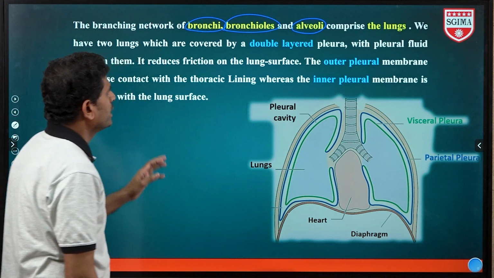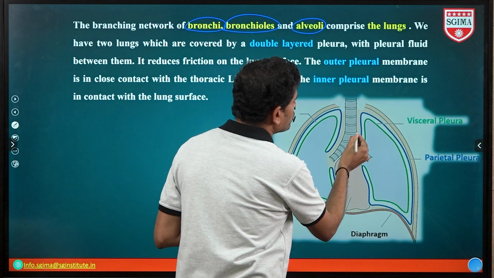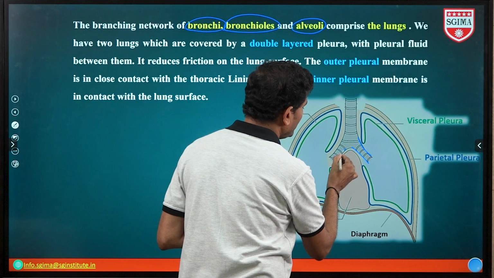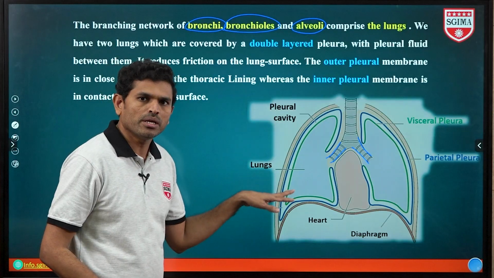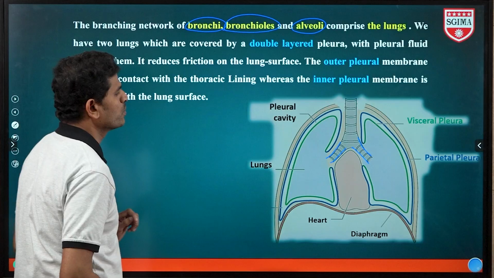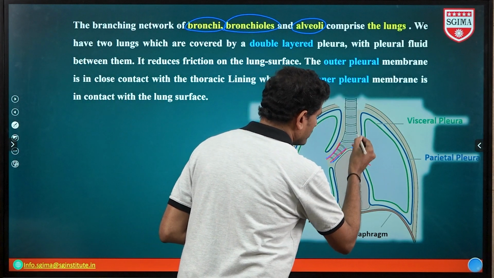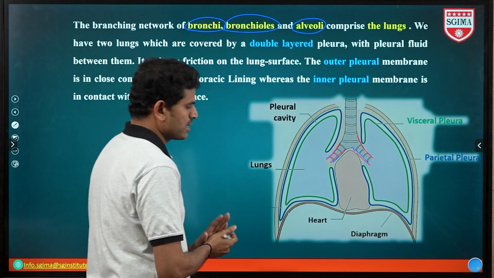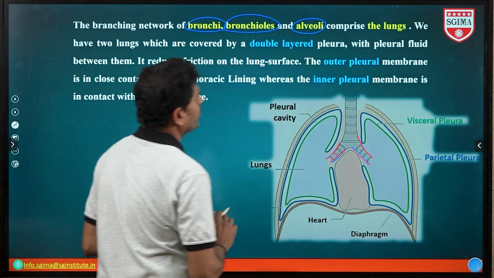If we observe, in the bronchi, the primary bronchi branching, some part will be outside and the remaining part will be inside the lungs. The remaining secondary bronchi and tertiary bronchi, and all the remaining structures of bronchioles, everything will be inside the lungs. So this is the arrangement. The lungs comprise the bronchi, bronchioles and alveoli. This is the first point we have to remember.